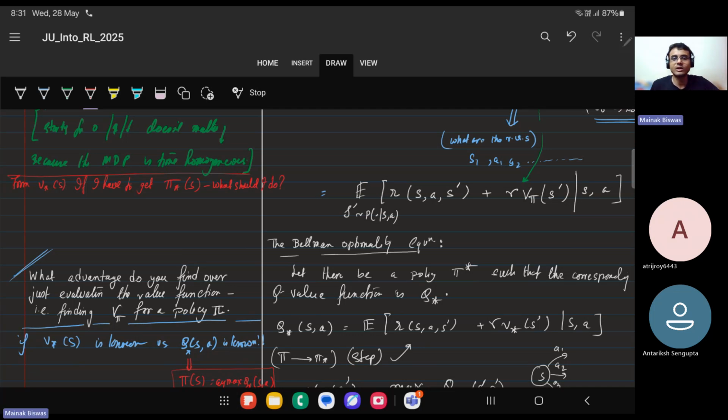So think that you do not have the Q star, you have only V star. What will you do? Very, very nice question. If you had an exam, I would have given this. How will I get the pi star?